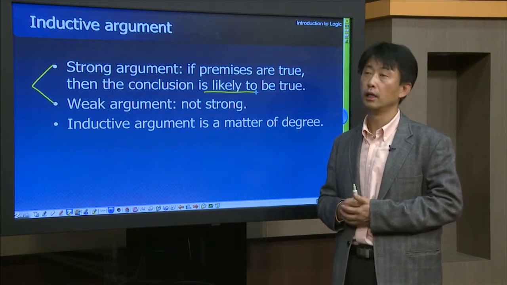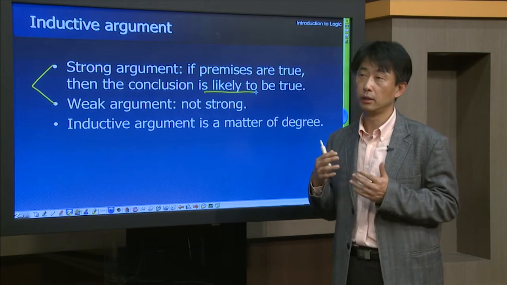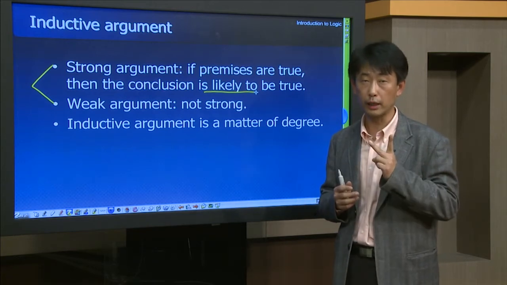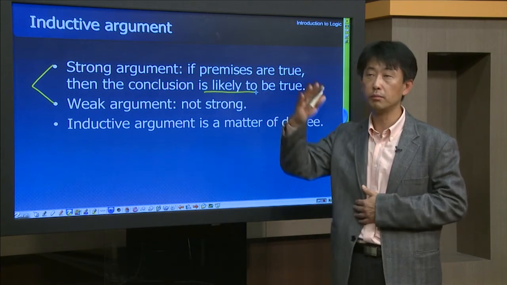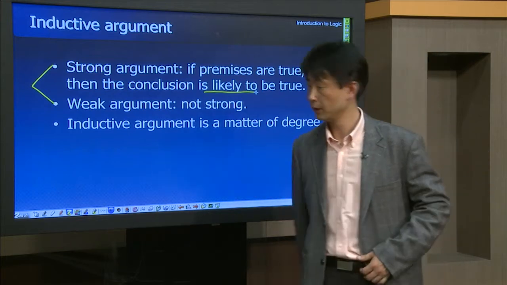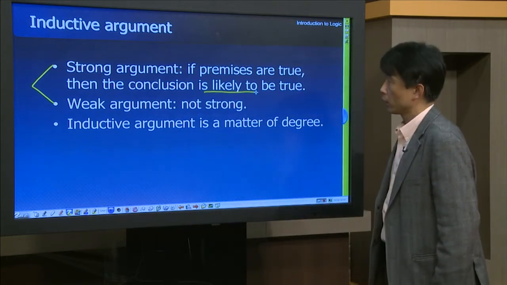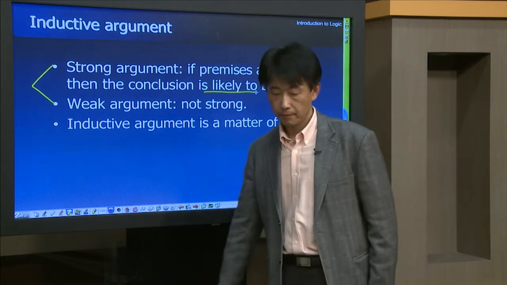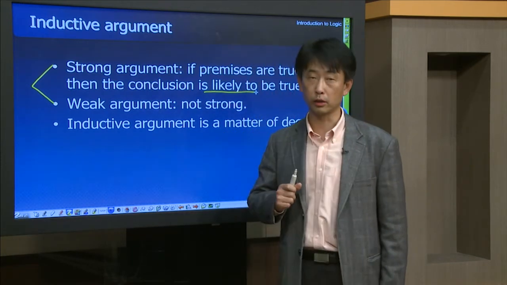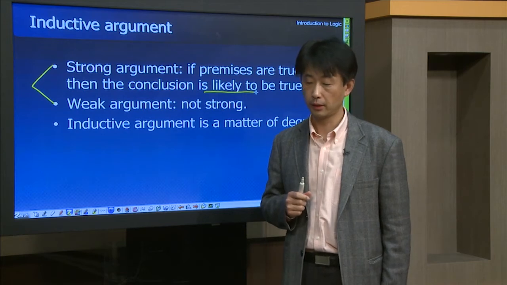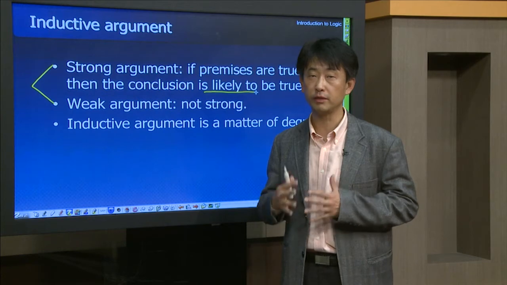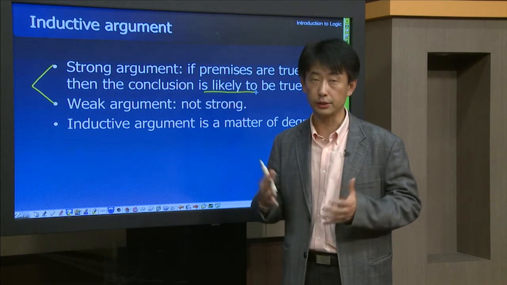A deductive argument is either valid or invalid. There are only two kinds. But inductive argument comes in degrees. Some inductive arguments are stronger than others. In this class, we will skip inductive argument, and we will focus on the evaluation of deductive arguments.